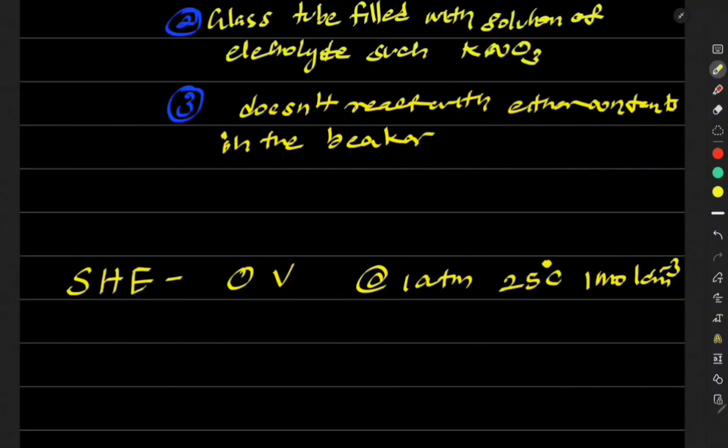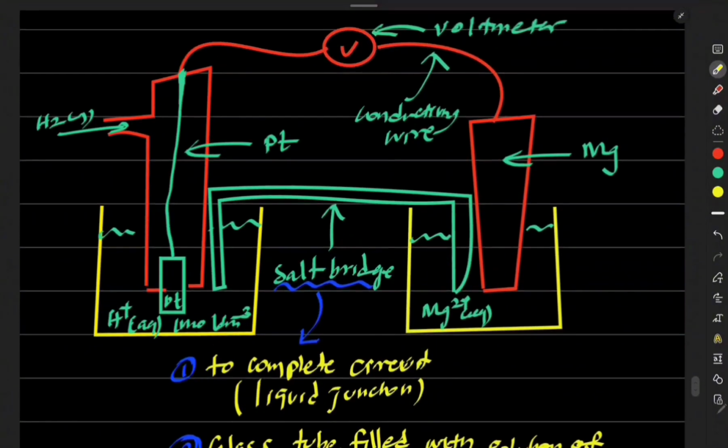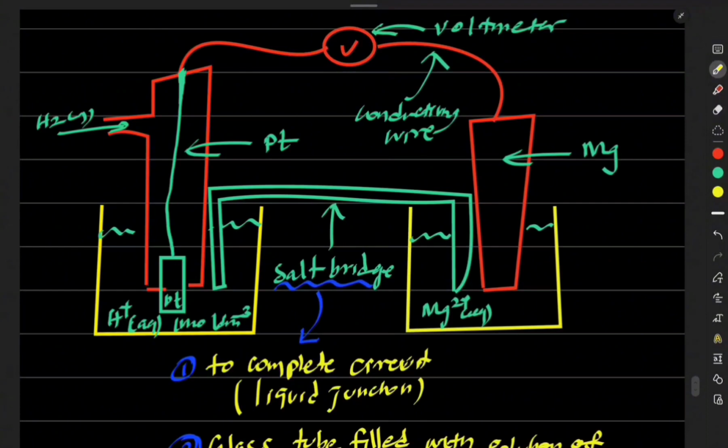For example, if we take the above cell, with this electrode and this electrode, the voltmeter reading is, say, 2.37 volts, and the voltmeter shows magnesium as the negative electrode and hydrogen as the positive electrode, and therefore the Mg2+ / Mg electrode is recorded as minus 2.37.